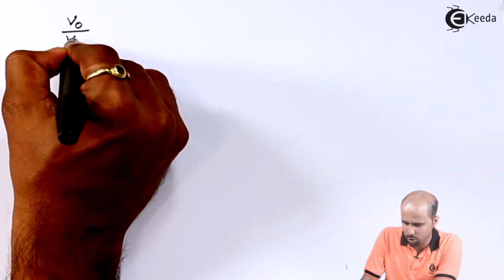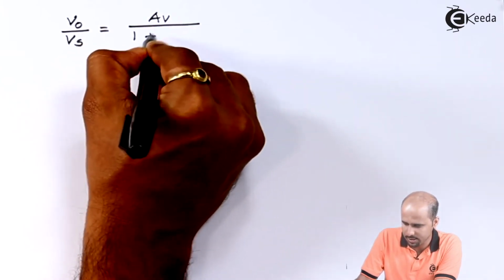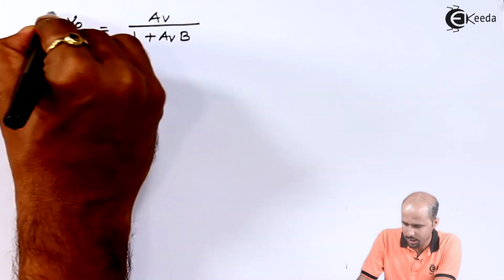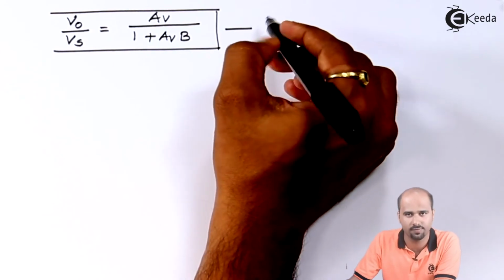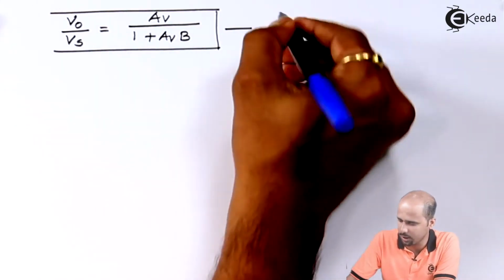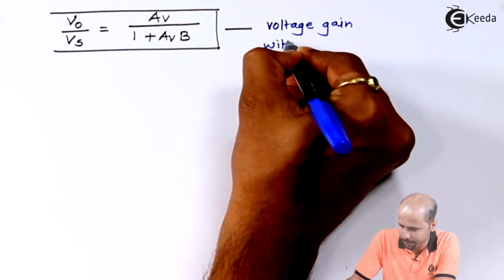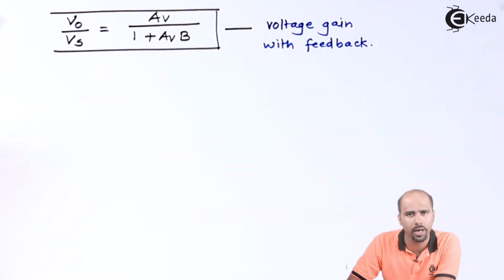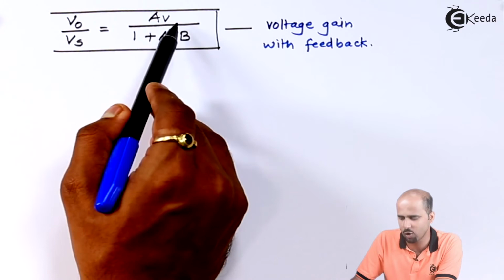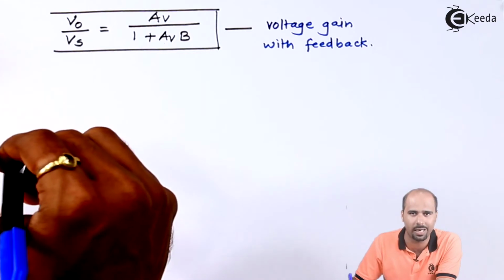Vo upon Vs will become Av divided by 1 plus Av into beta, and this is your last formula for voltage gain with feedback, whereas Av is the open loop gain, or gain without feedback. So gain without feedback is greater than gain with feedback. That is the effect of the negative feedback amplifier, isn't it?